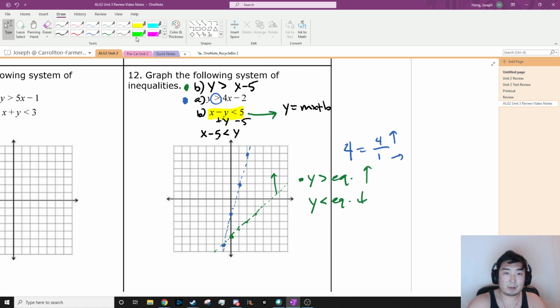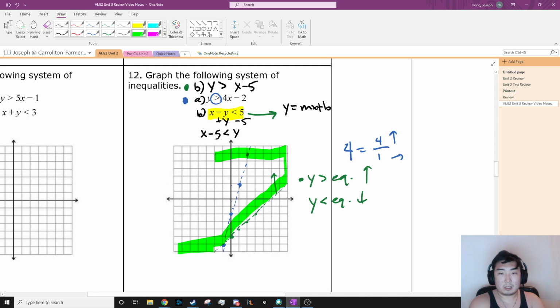There we go. And I can really just shade this like so. I'm just trying to make this neat because these are your notes.